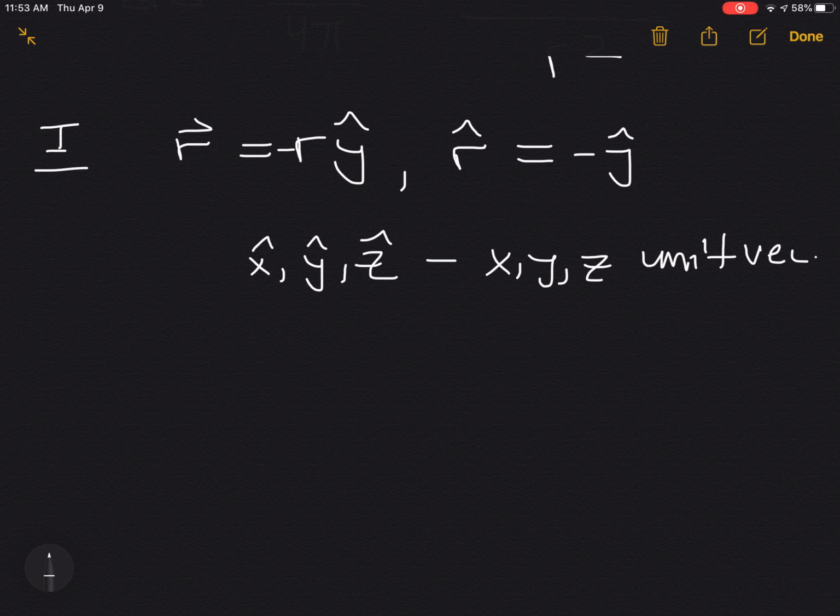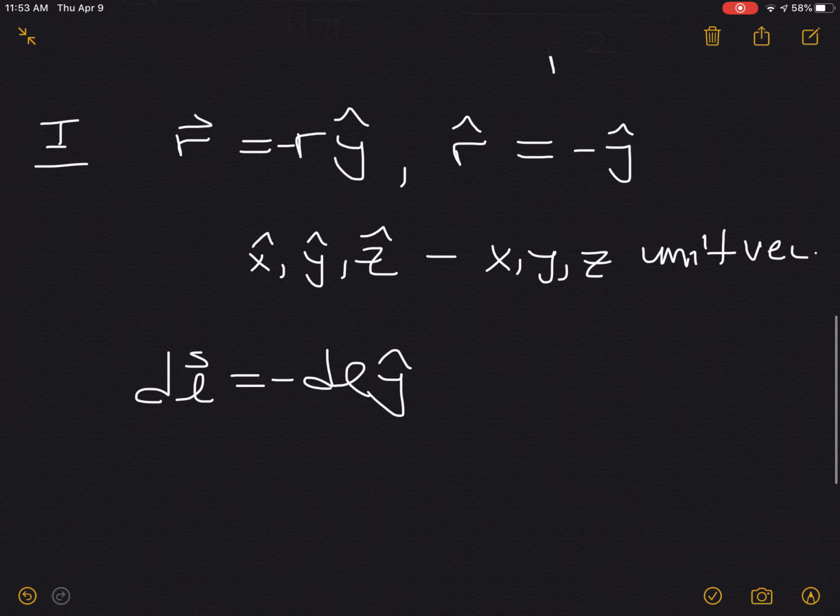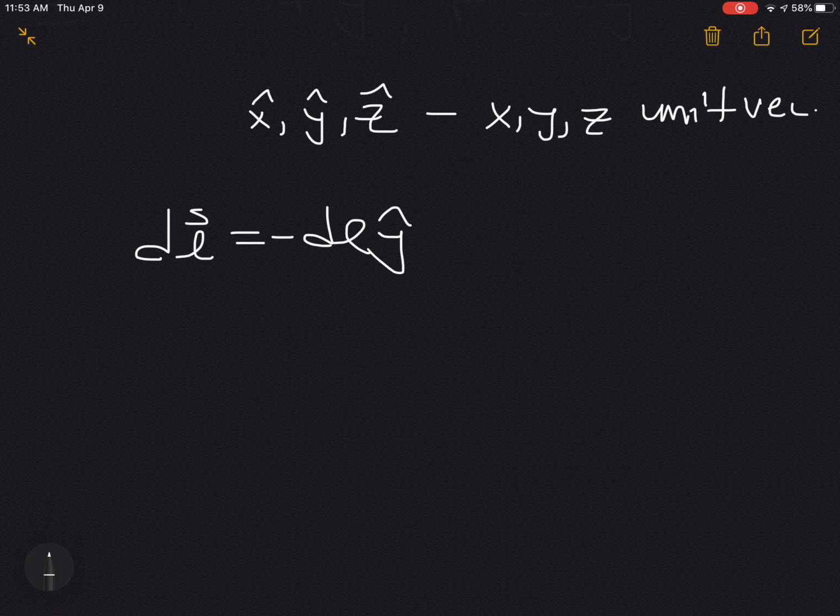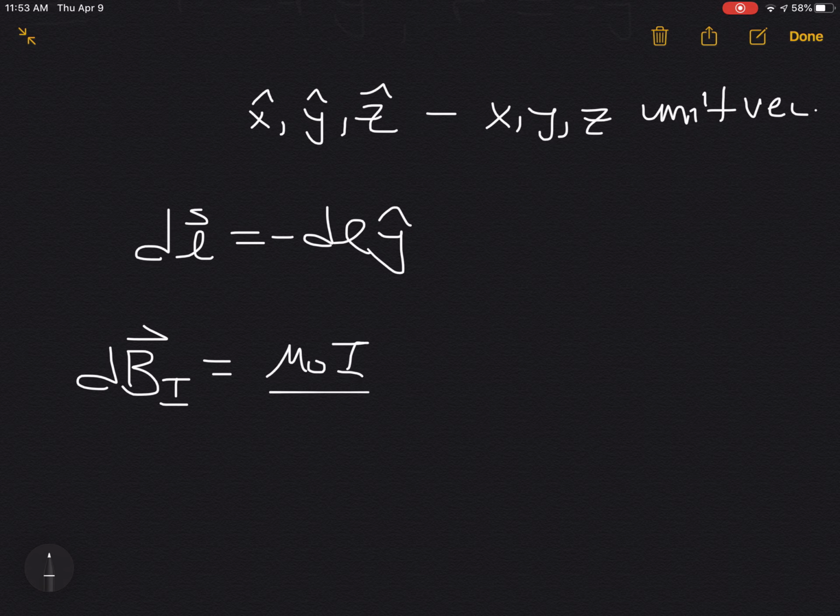Okay, dl was also in the minus direction, so it's minus some amount dl in the y hat direction. And so when we set up our law of Biot-Savart, dB1, the increment along the first segment, is going to be mu naught I over 4 pi.